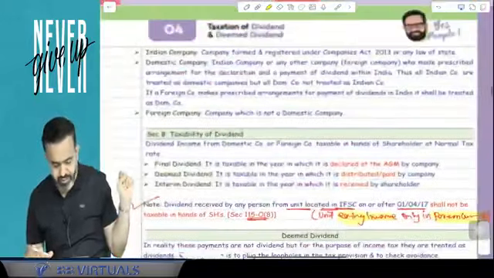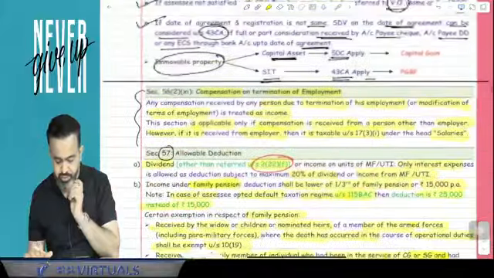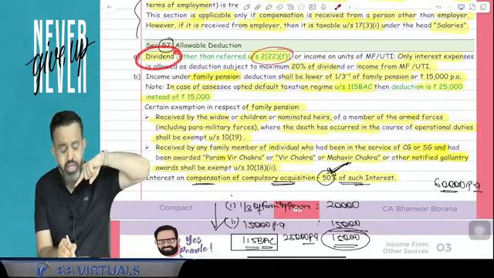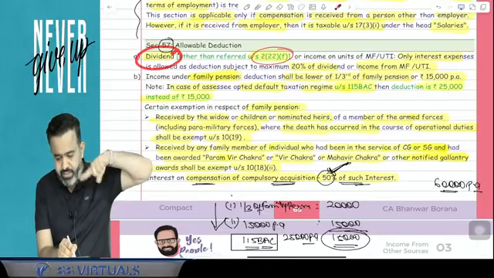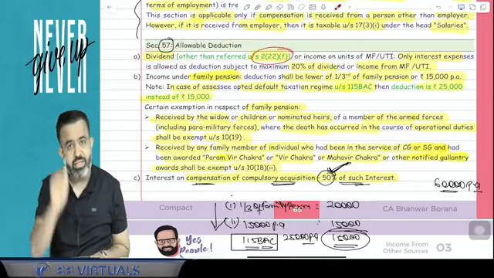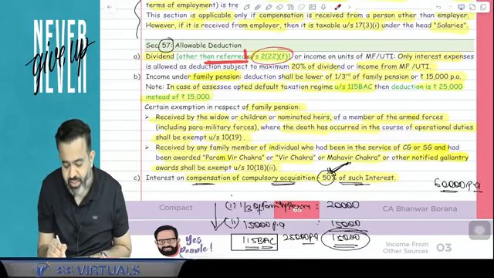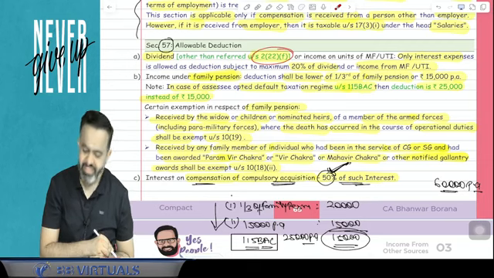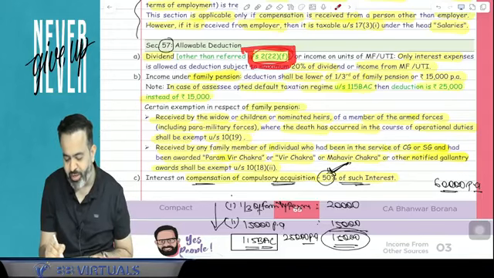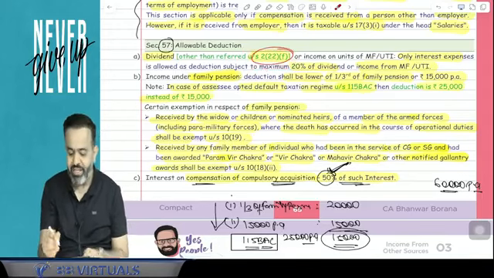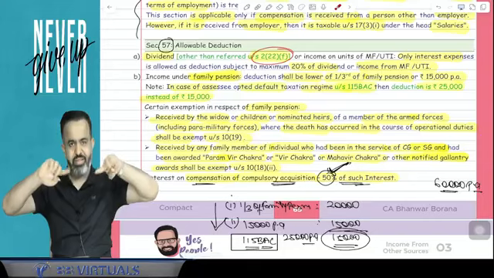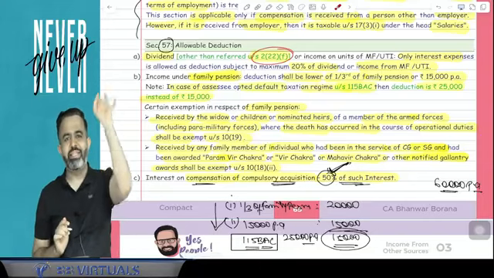Section 57 says that against dividend income, only interest expense is allowed up to 20% of dividend. There they have mentioned other than referred under section 222F. It means against buyback, any expenditure is not allowed against that dividend.